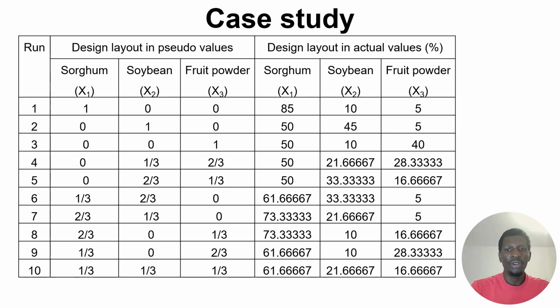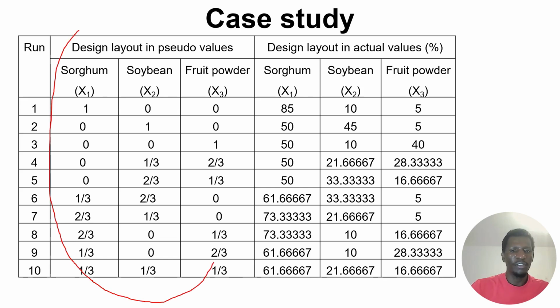If you do the calculations correctly, then you're going to have this formulation table. This is actually how you are going to formulate your 10 samples, your 10 experiments using sorghum, soybeans, and fruit powder to formulate the fruit product you want to formulate, and subsequently optimize it using other optimization tools, which you are going to see in our subsequent videos.